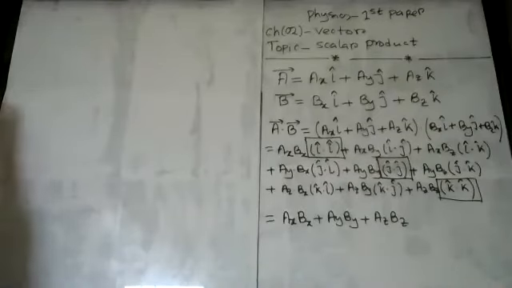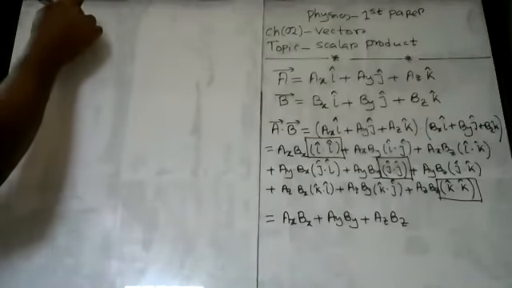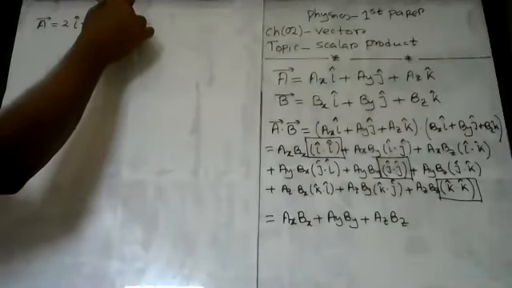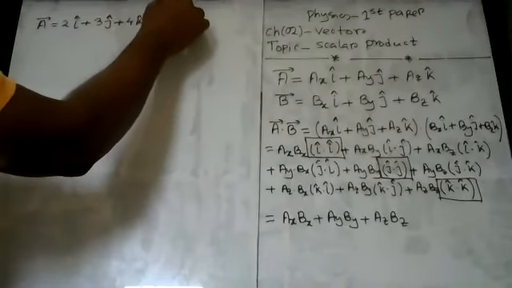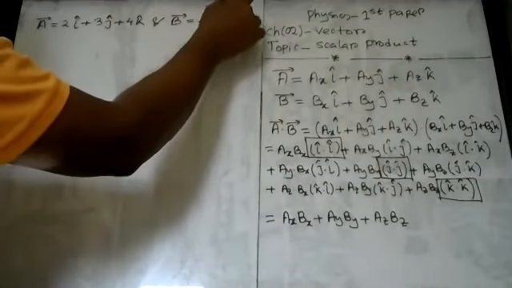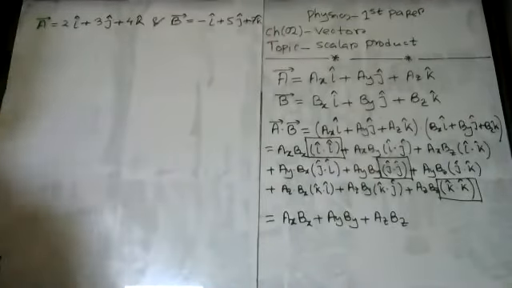Suppose vector A equals 2i hat plus 3j hat plus 4k hat, and vector B equals minus i hat plus 5j hat plus 7k hat.